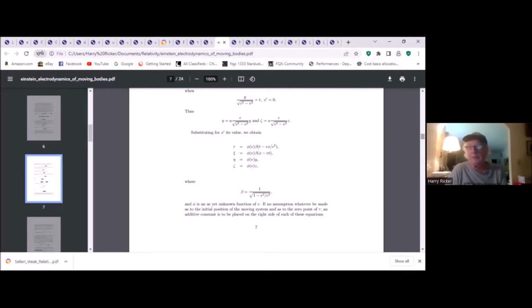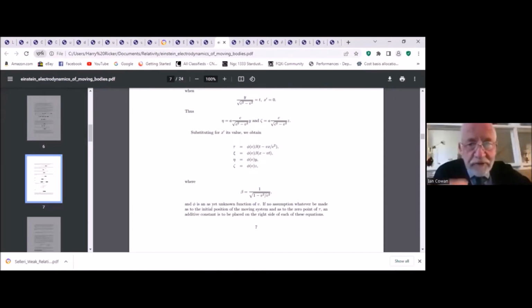So what they do is they move the time over to the left-hand side, and then you have this equation equal to 0. So x squared plus y squared plus z squared minus ct squared equals 0. And then you do that for the moving frame and for the rest frame. And then what you have is an equation where 0 equals 0. Every time I saw that, I just said, this doesn't make much sense. How are you solving an equation where you're saying 0 equals 0?